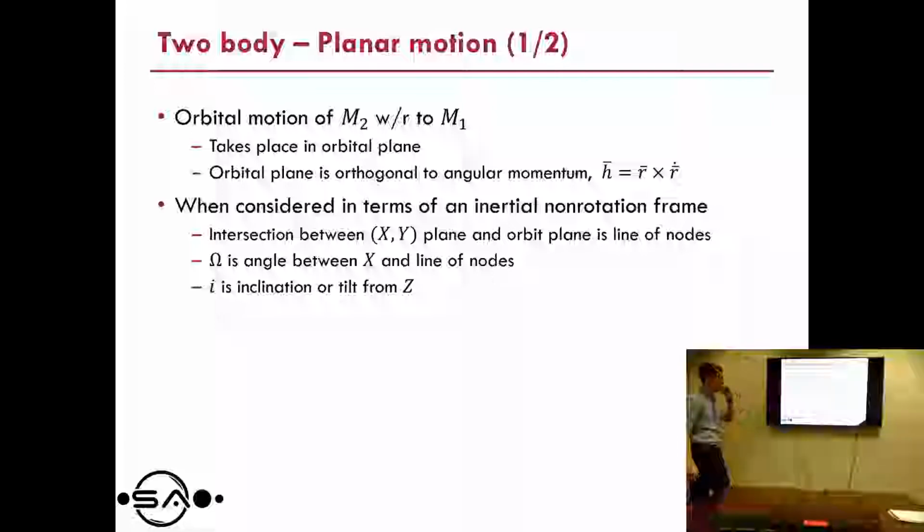And then the longitude of the ascending node, or the right ascension of the ascending node, is the angle from the x-axis over to that line of nodes. We're going to see this in just a second as well, so I won't have to use my hands to explain everything. And then i is our inclination, or our tilt from z.